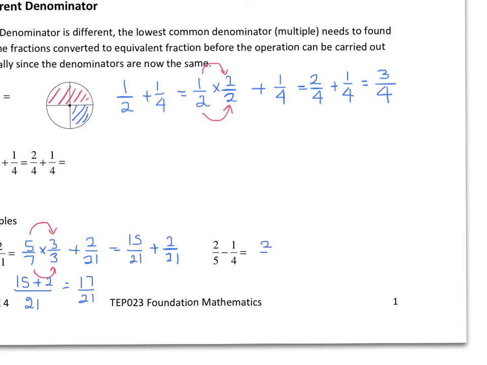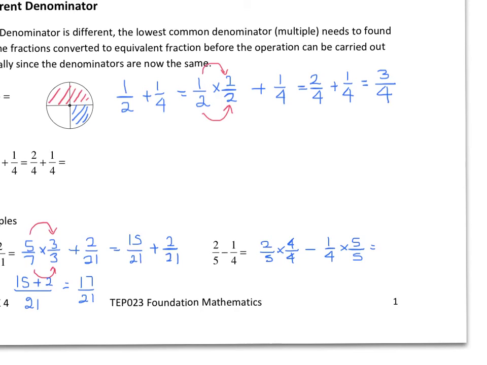So 2/5 multiplied by 4/4 minus 1/4. Now we want to make that into an equivalent fraction out of 20, so we're going to have to multiply by 5/5.